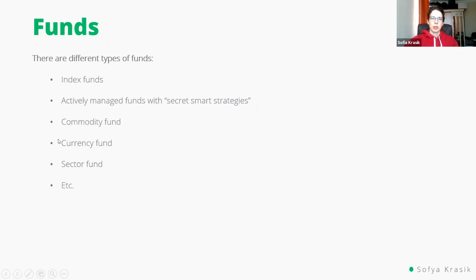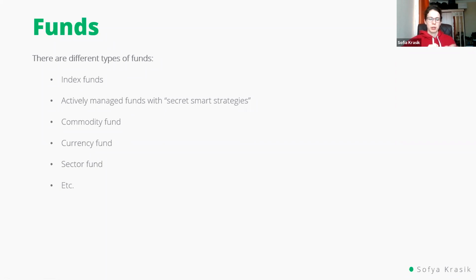Commodity funds invest in commodities like oil or gold. A currency fund, for example, invests at the same time in a very diversified currency basket, for example euro, US dollar, Swiss franc, Japanese yen.